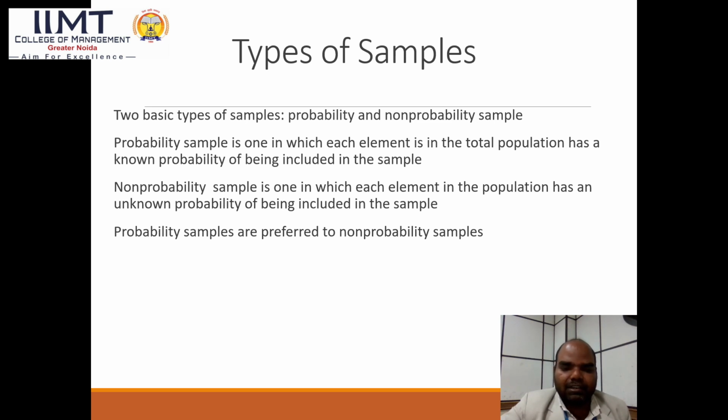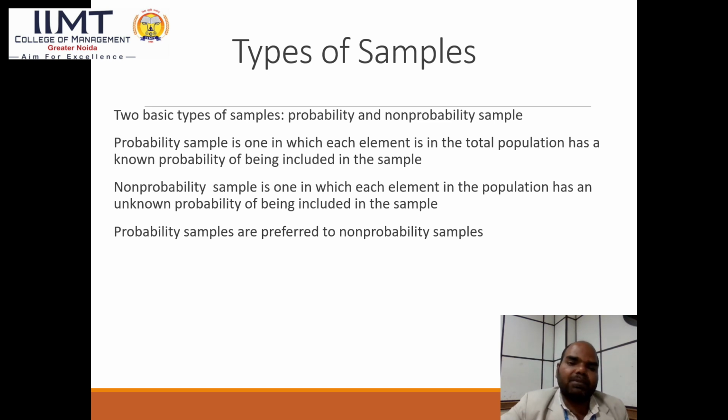And second, the non-probability sample is one in which each element in the population has an unknown probability of being included in the sample. Probability samples are preferred to non-probability samples.